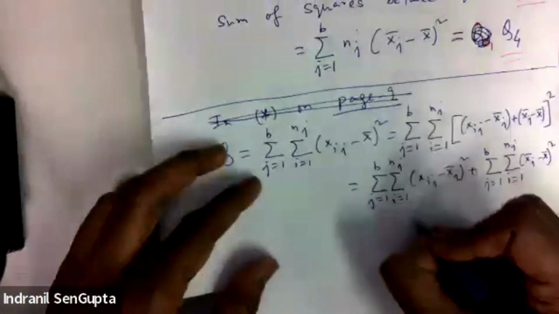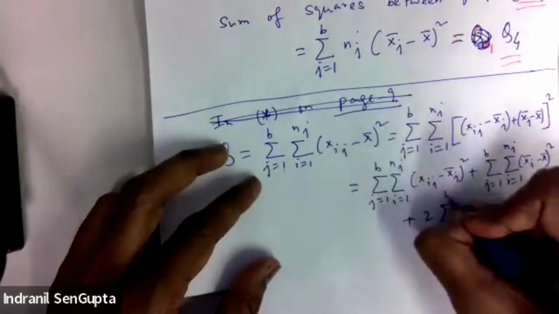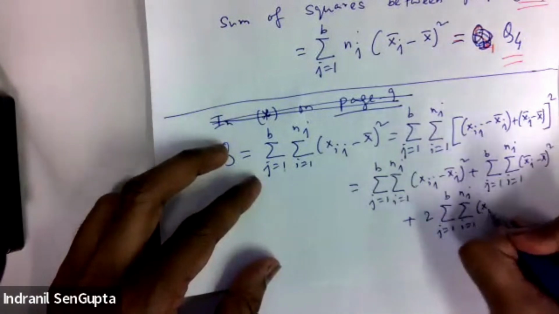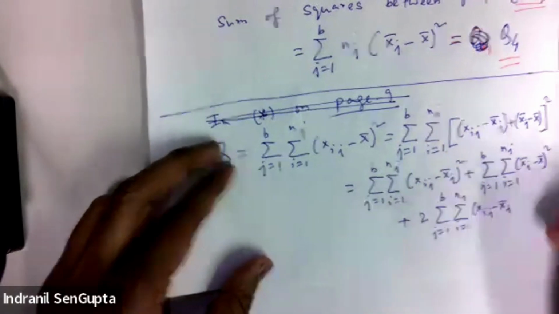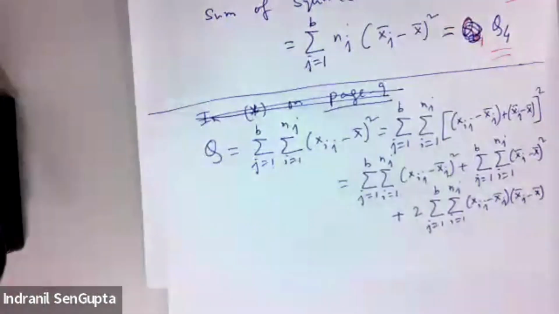And finally, I have twice the cross term, j from 1 to b, i from 1 to n sub j, xij minus xj bar, xj bar minus x bar. That's the cross term.